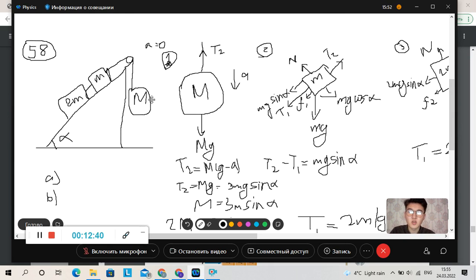If this mass will be minimum, and these two parts will go to the down, and the friction will be like to this part. Okay, and if this m will be max, and these two blocks go to the up, and the friction force will be opposite side to the down.